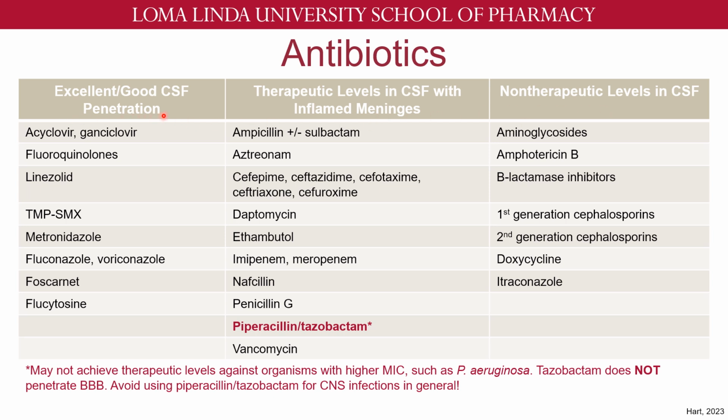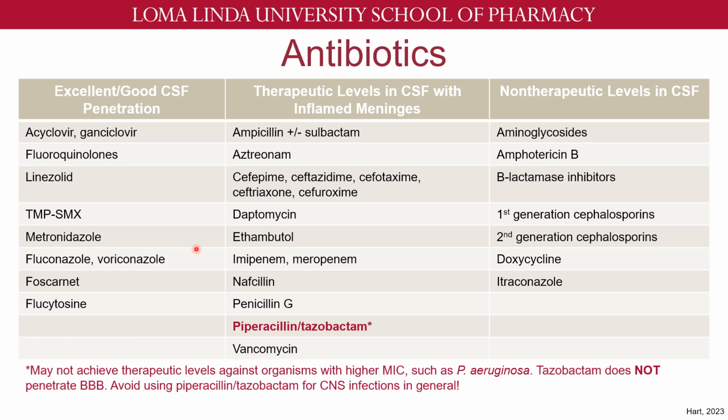Like if it has good CSF penetration versus that it won't receive any therapeutic levels in the CSF. So this is extremely important to remember for us as pharmacists because providers will look to us and ask, hey, I want to use maybe linezolid for this patient. Will it get to the brain? And we will be responsible for knowing that.